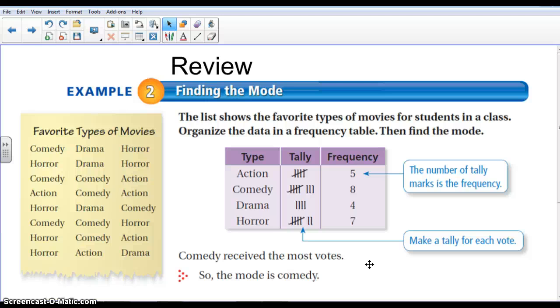Okay, the answer to the on your own is yes, and comedy and horror are both modes. Horror has the same number of votes as comedy. So that is your answer for the on your own.